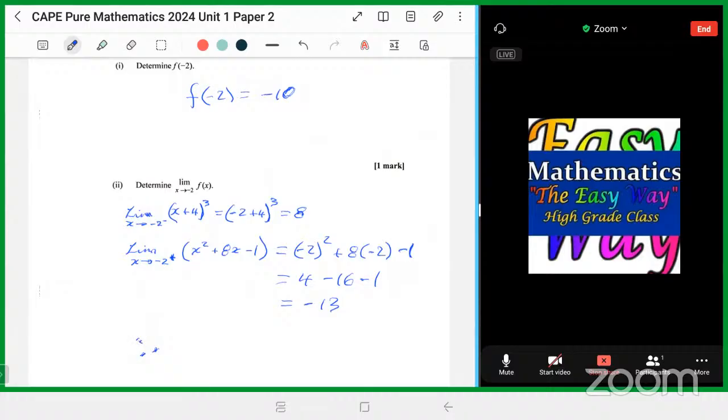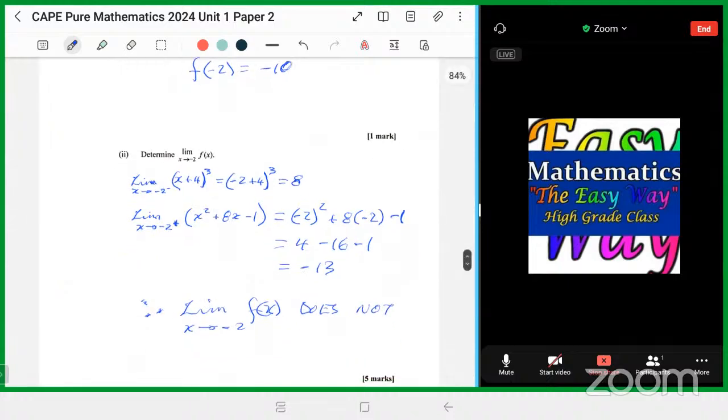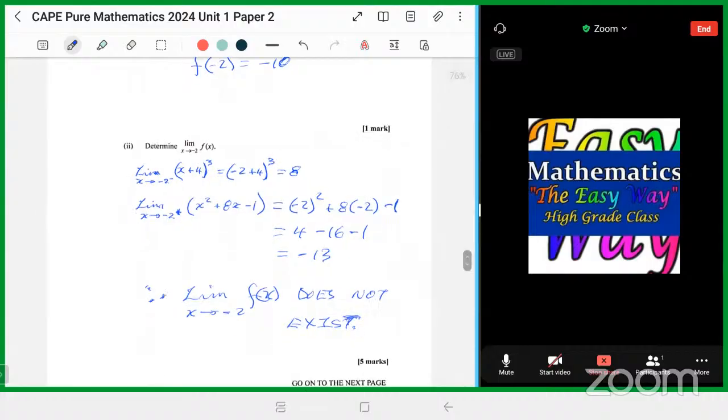So therefore, the limit as x approaches -2 of f of x does not exist. The limit from the right is different from the limit from the left. All right, good. Next question.